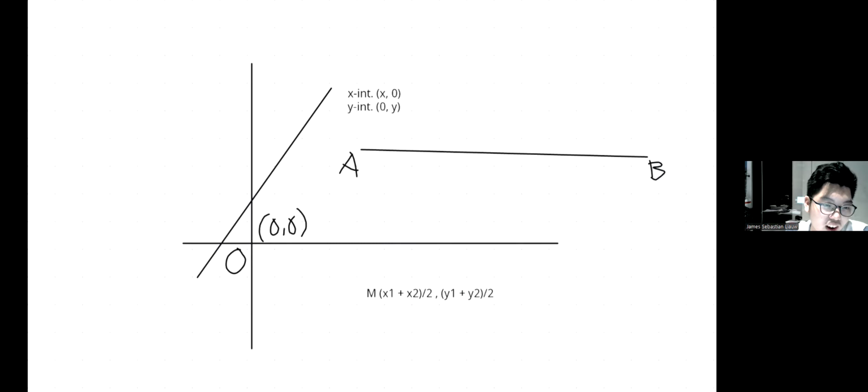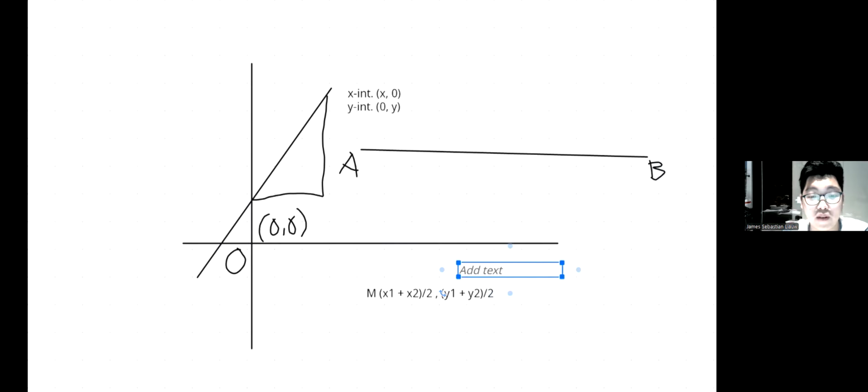The slope or gradient of the line is essentially just a way to say how steep the curve is, and the gradient, which we call little m, is y1 minus y2, the difference in y over the difference in x.